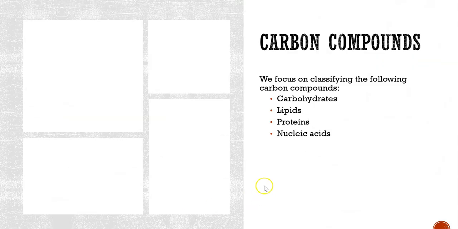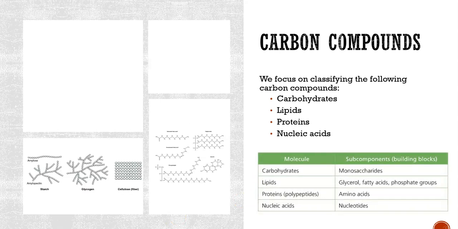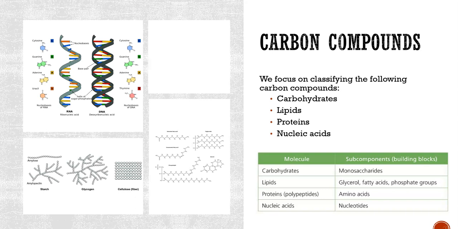As I said, we're going to focus on our carbohydrates, our lipids, our proteins, and our nucleic acids. I don't know that they all arrived as they should have done there, but we've got that table showing those sub-blocks. And if we look over here, we've got our nucleic acids building up our DNA there.